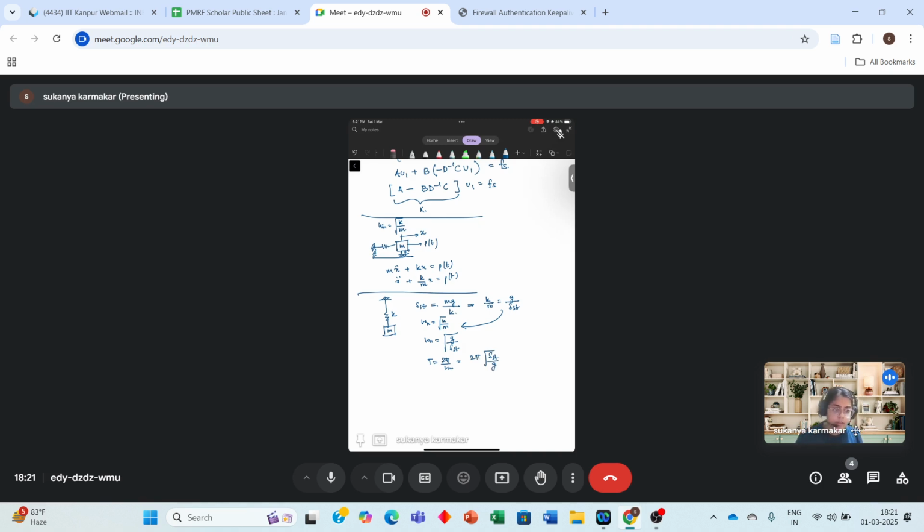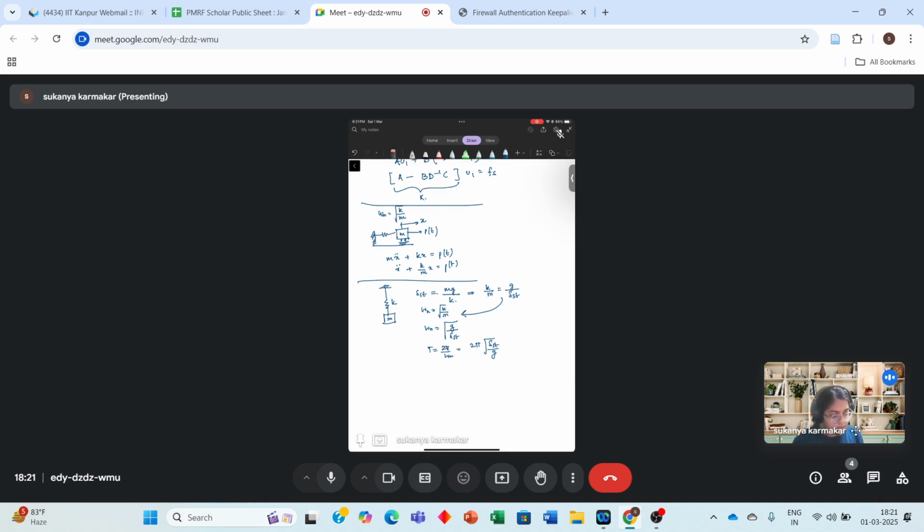Are the expressions clear now? This is when you're studying a spring system like this, and delta static is the deflection of the spring under its own weight. This is how delta static is defined, and with a certain definition, they are just calculating these terms.